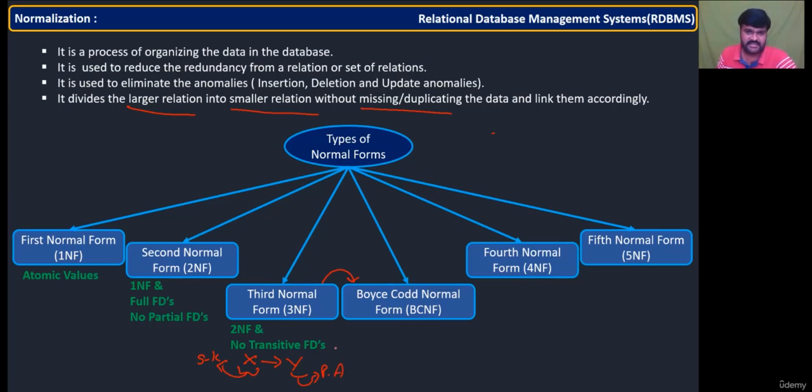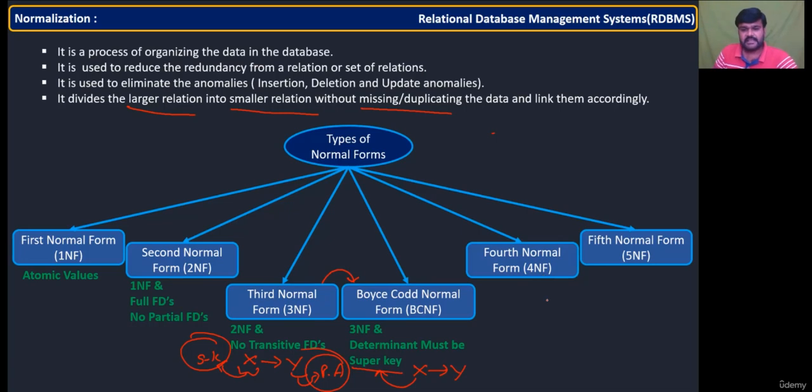All those things we will see. Then when it comes to Boyce-Codd normal form, the determinant must be a super key. That means if you take X to Y, X must be a super key. Only this is allowed. That is BCNF, which as we said is an extension of third normal form.